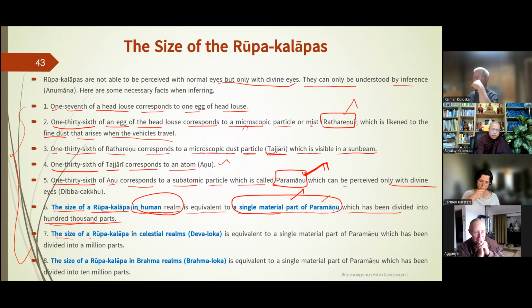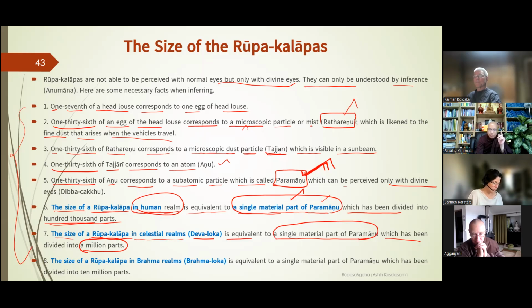The size of a Rupa Kalapa in the celestial realms, Deva Loka, is equivalent to a single material part of the paramanu, which has been divided into a million parts. Even though paramanu is extremely tiny, you have to divide it into a million parts. One single part is equivalent to the size of a Rupa Kalapa in the Deva Loka.